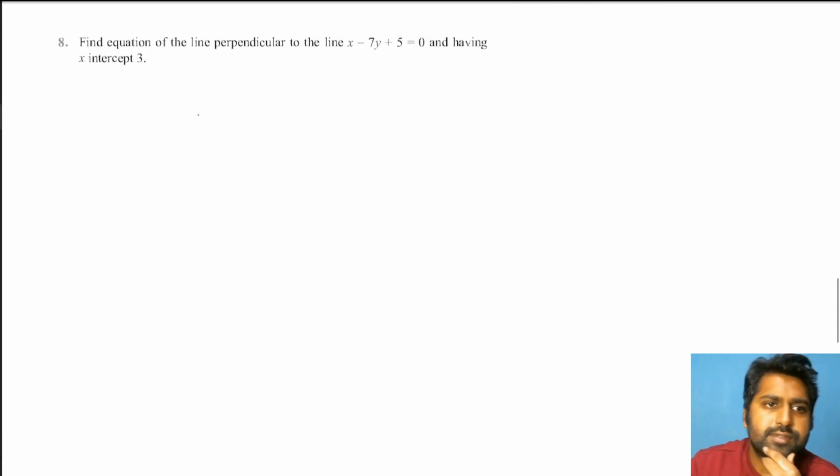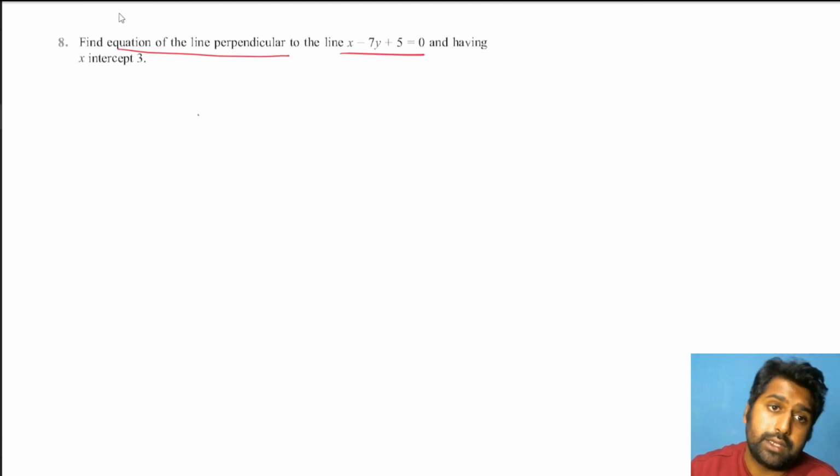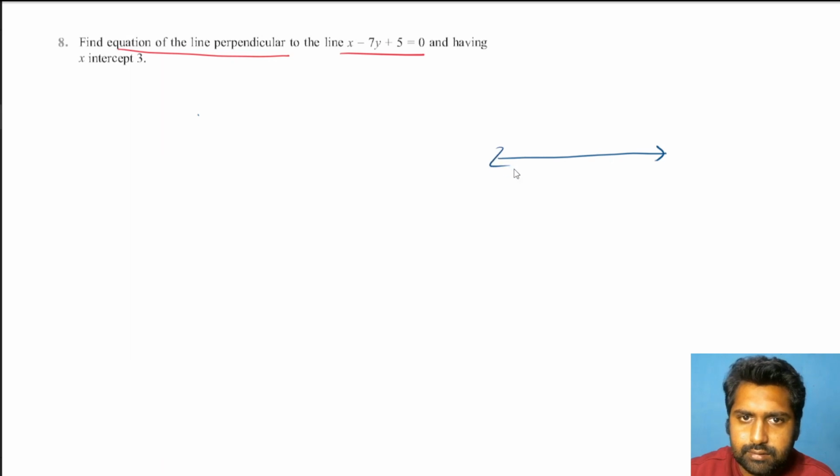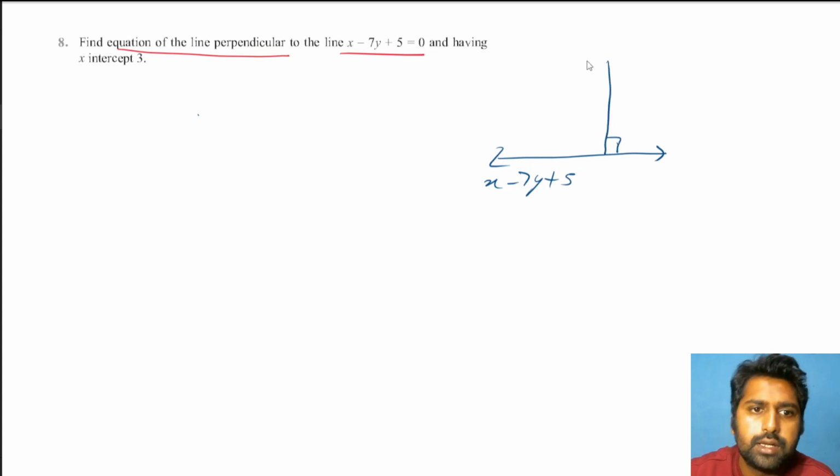Next question says find the equation of a line, this time perpendicular to a line. Last was parallel, this time it's perpendicular. So suppose this line is x minus 7y plus 5. We have to find the equation of a line which is perpendicular to it and having x intercept 3.